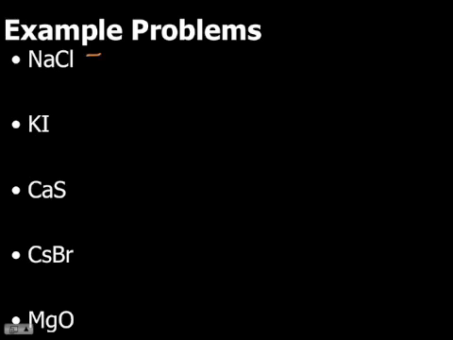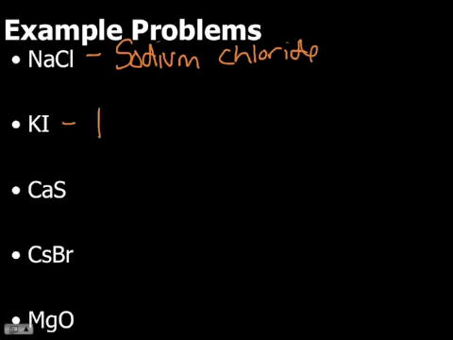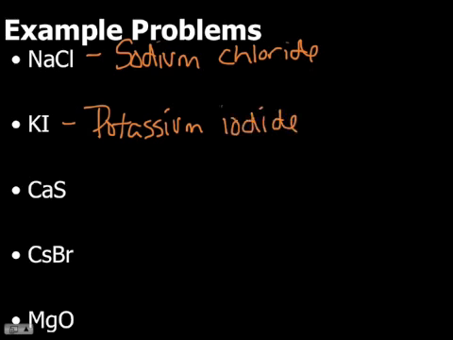So our first one here, NaCl, all we have to do is name the first, sodium, IDE on the second, chloride. So NaCl is called sodium chloride. KI is potassium iodide. So iodine, drop the ending, add IDE.